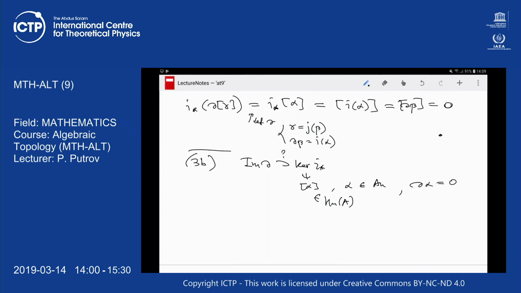Also, since this is in the kernel of I star, I star of alpha, which by definition is the class of I alpha, should be 0. But since I of alpha represents a trivial element in homology, this means that there exists some eta such that this is equal to d of eta. So this should be a boundary, for some eta in Bn plus 1.